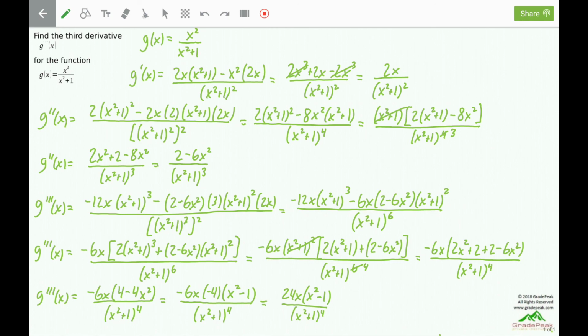And there is the simplified version of our third derivative, g triple prime of x. 24x times x squared minus 1 over x squared plus 1 to the 4th power.